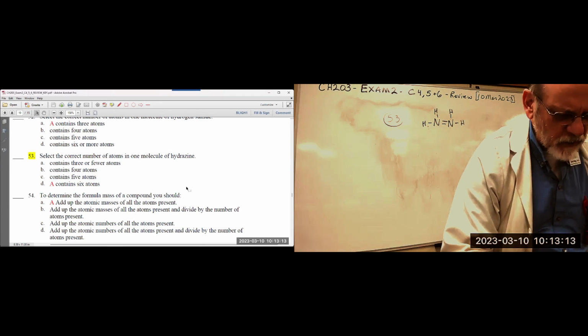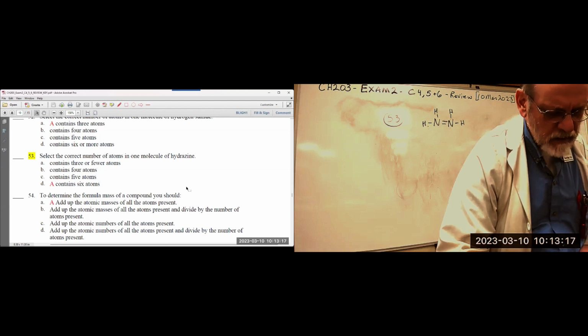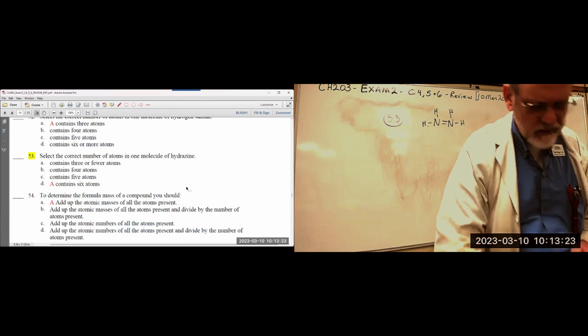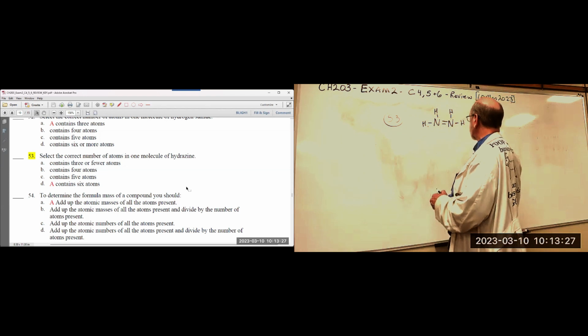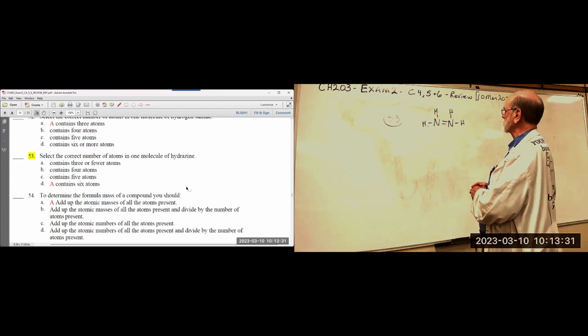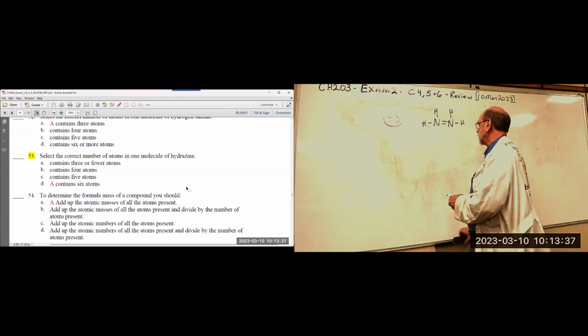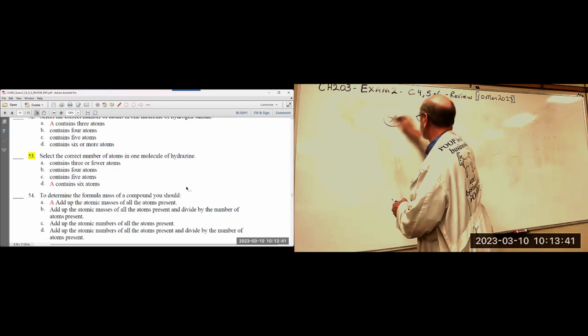I thought it was going to give me a formula. I mean, a structure. Well, that would be 2, 4, 6, 8. Okay, it has 2, 4, 6 atoms in it.